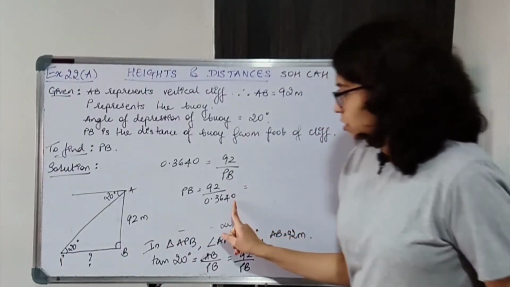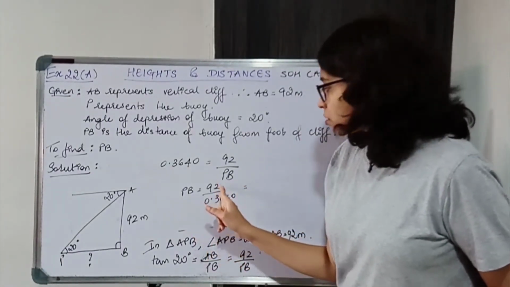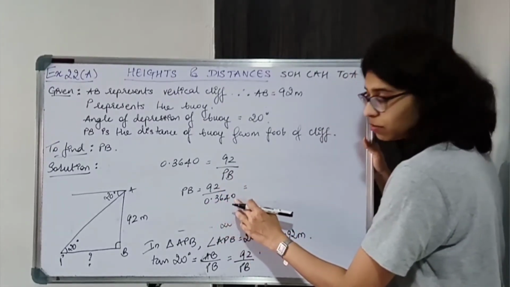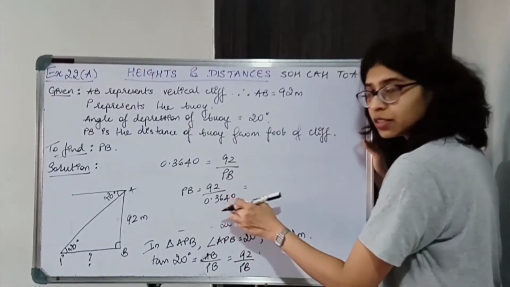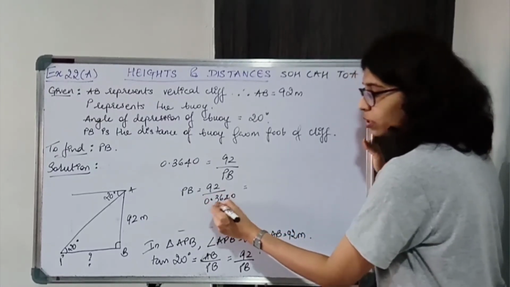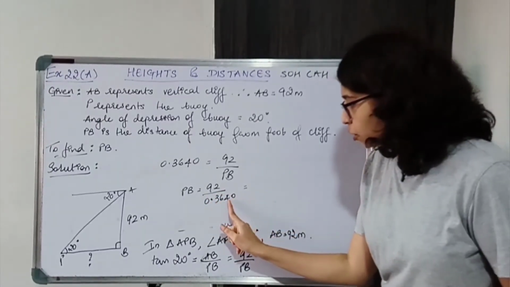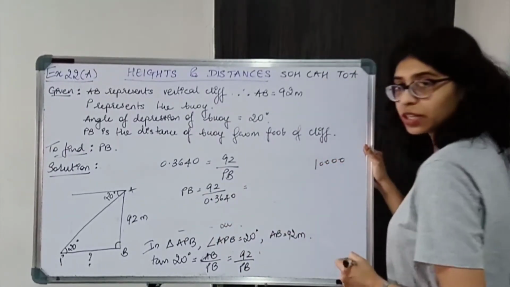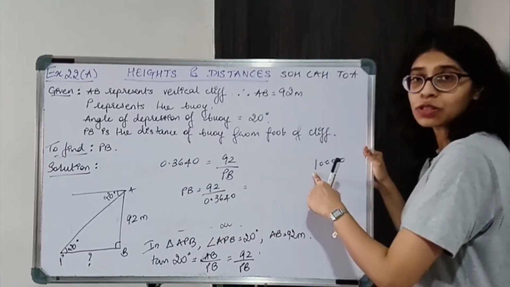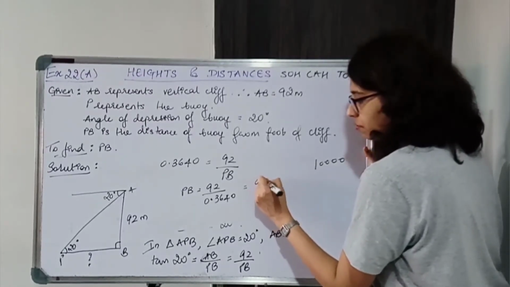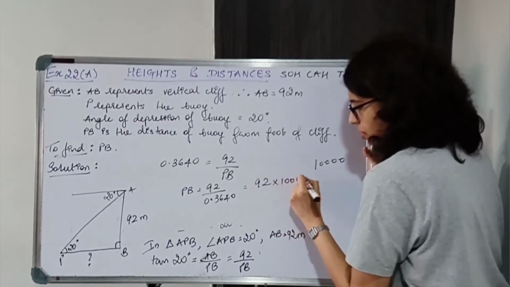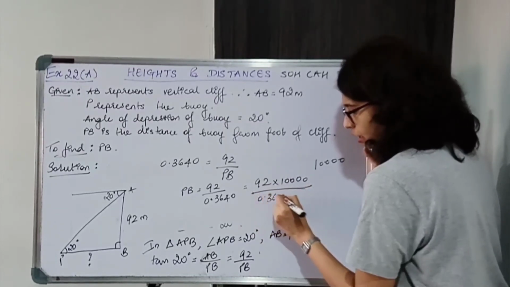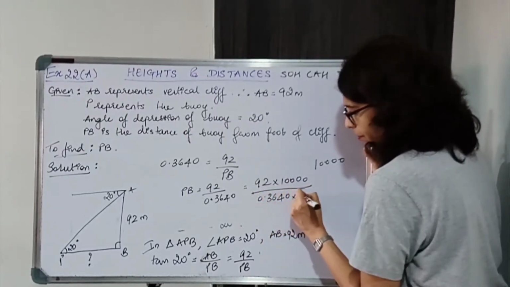Now this is a very small number, so what we can do is multiply by 10,000. जितना numbers के बाद decimal point है उतना zeros, so 1 2 3 4, so 4 zeros. Multiply by 10,000 in both numerator and denominator. You can't just multiply in denominator or in numerator.